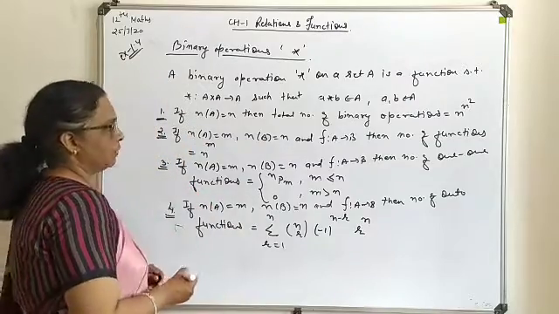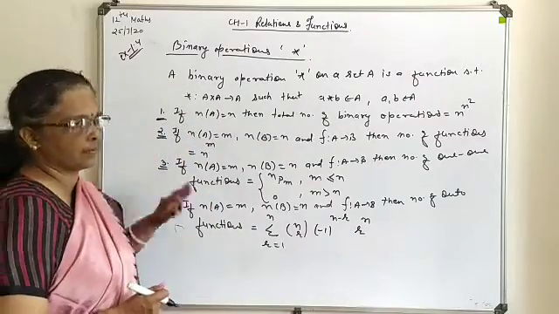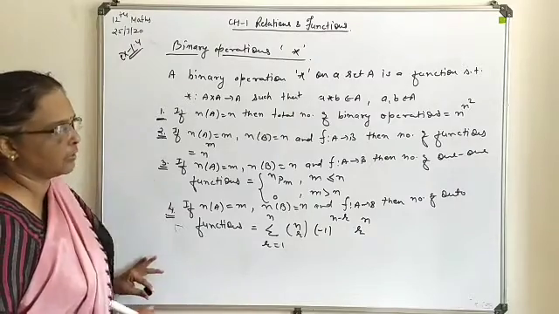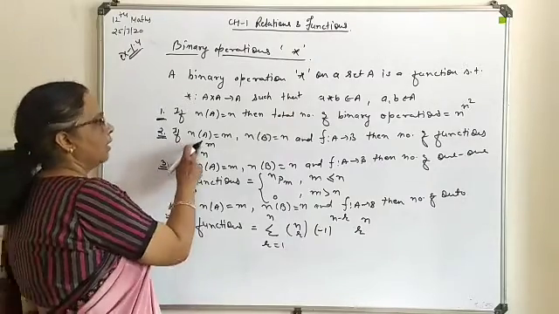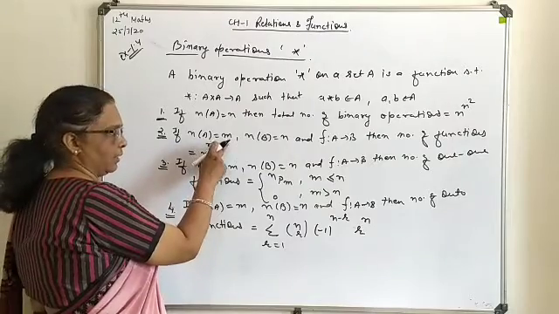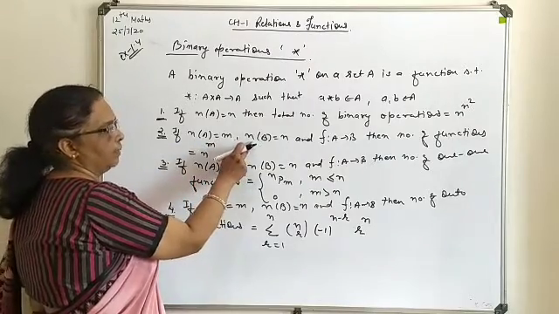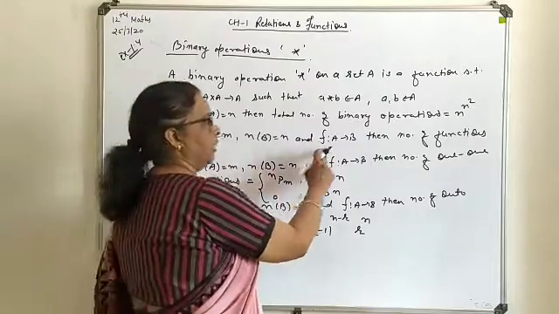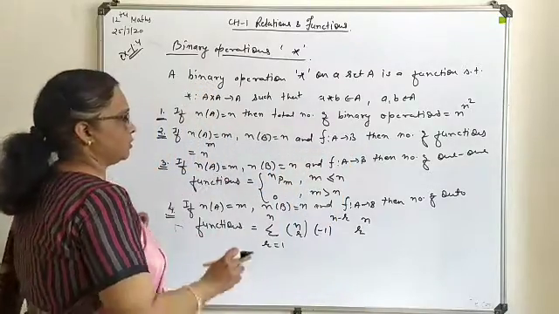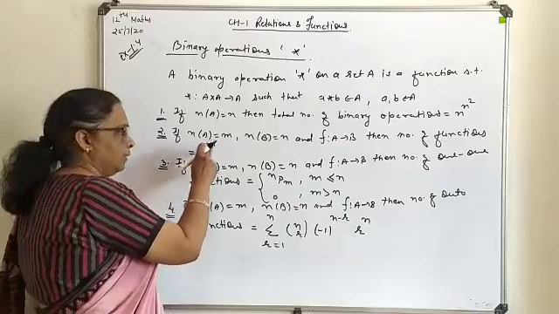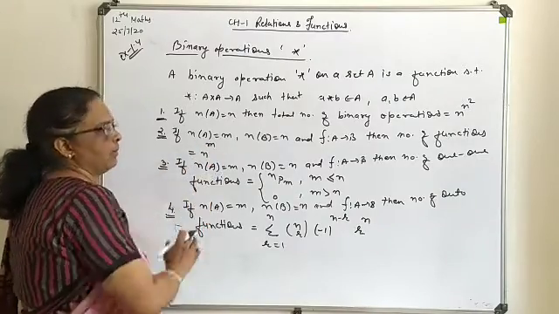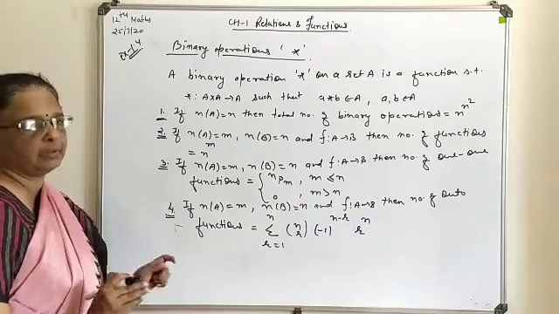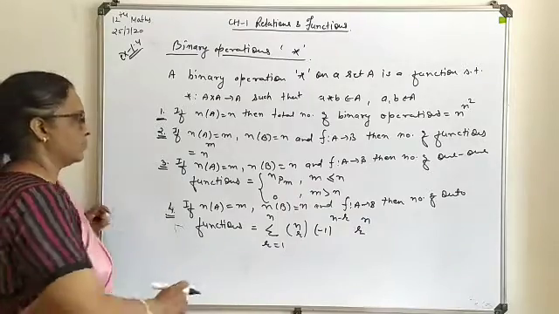Next, we have discussed these things earlier, but let's list them out in formula form. In set A the number of elements is m, in set B the number of elements is n, and the function is defined from A to B. So the number of functions you can define is n to the power m. Sometimes it may be asked how many functions can be defined between two given sets.